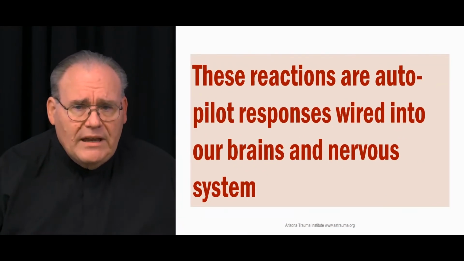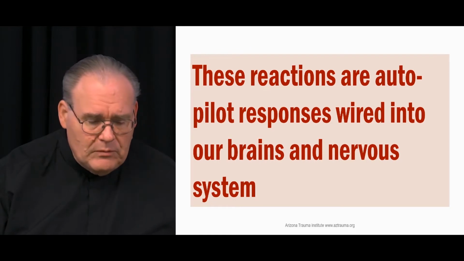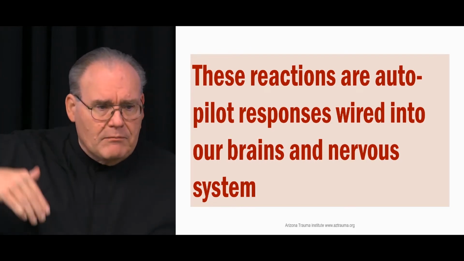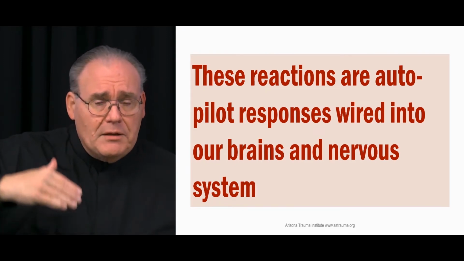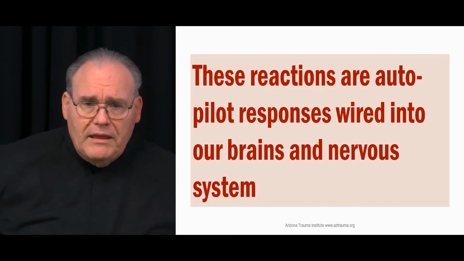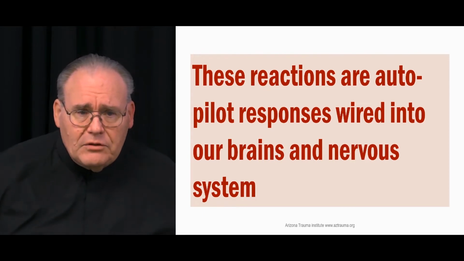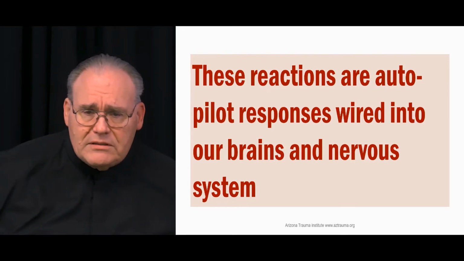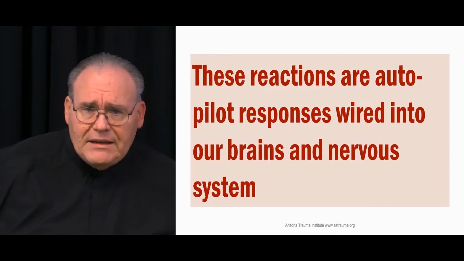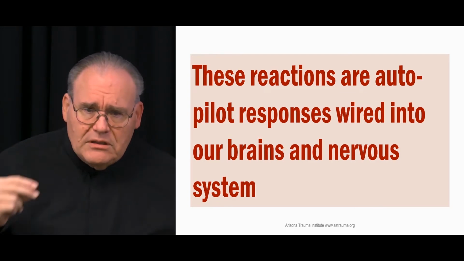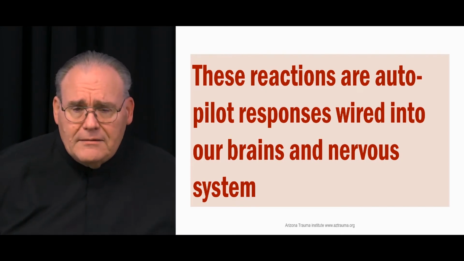So these reactions are autopilot responses wired into our brains and nervous system. So if we spend a lot of time above the threshold limit, then our body is building reactions in the neurocircuitry of our brains and nervous system that are going to become autopilot reactions, and we'll engage in them without any real conscious choice or thought.